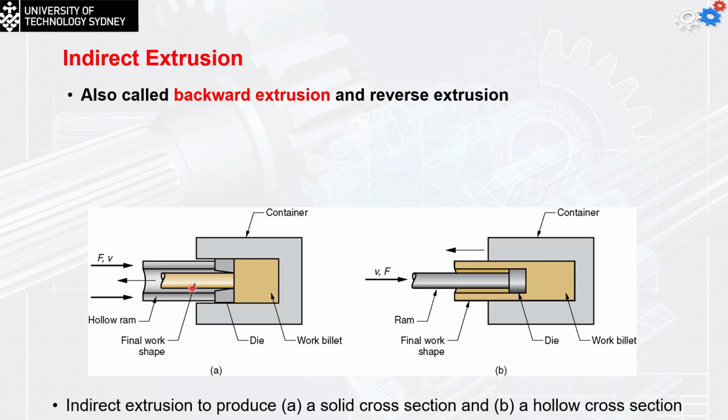This is the ram, and it has the die as part of the ram. We move the ram to the right, and the material is formed to the left. The ram pushes the material toward the container, and then the part starts moving to the left.